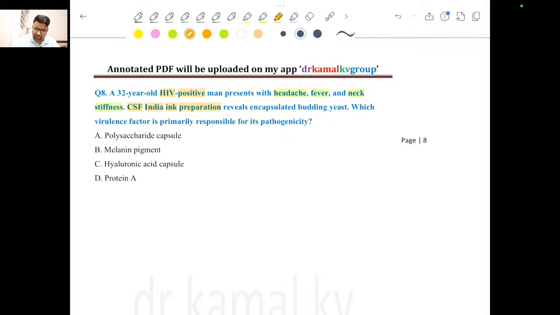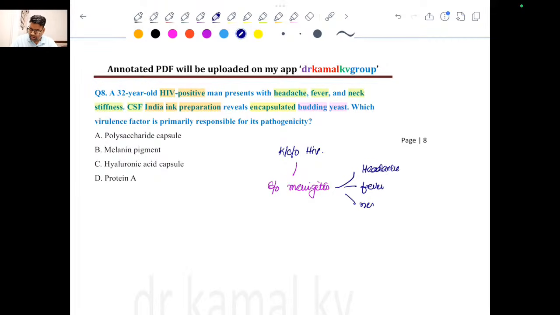Now CSF India ink preparation reveals an encapsulated budding yeast. So I think the diagnosis is pretty clear to all of you. So it's a known case of HIV with signs of meningitis in the form of headache, fever, neck stiffness, right?